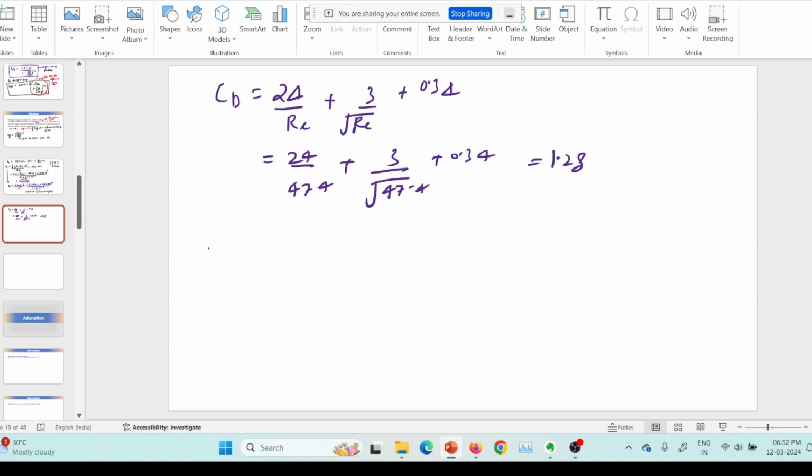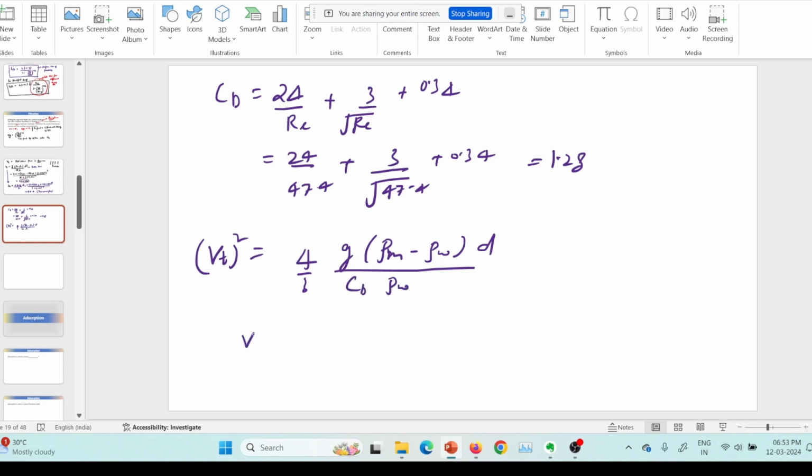Then we'll use one more formula. Vt square will be 4 by 3 g, density of particle minus density of water, into d, divided by CD into density of water. So if we solve it, Vt will come out as 0.08 meter per second.